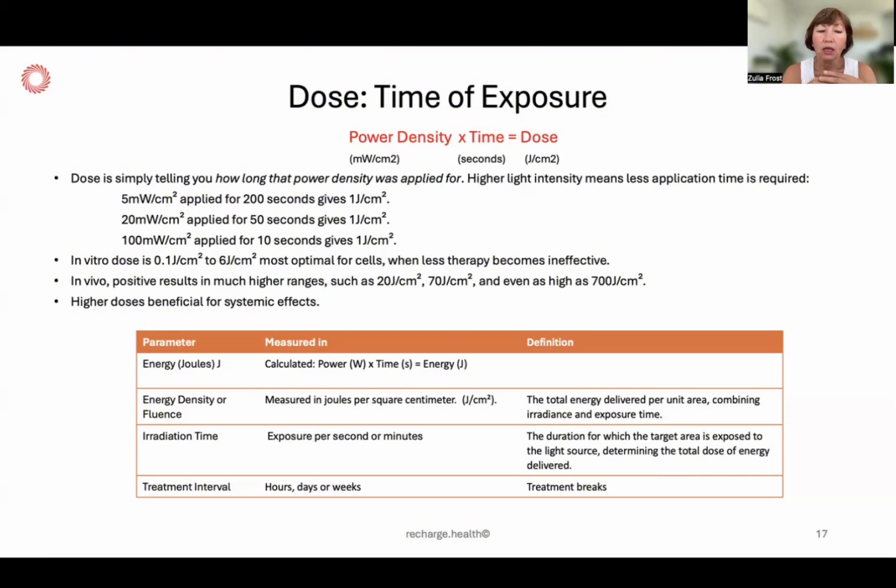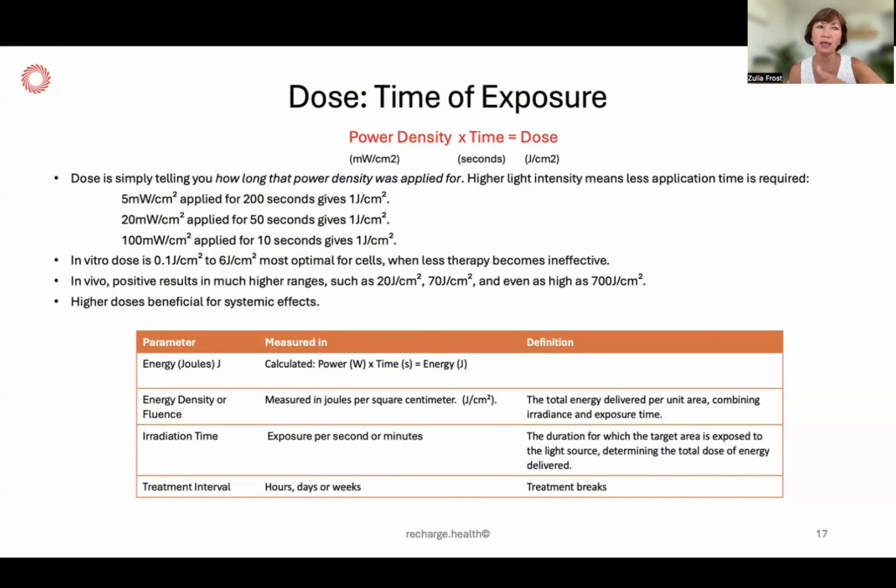And lastly, what is related to dose is the time interval, so how consistently you are stimulating. Maybe you stimulate for 1 second here, 1 second there, which is typical for laser light therapy. Or maybe you use a FlexBeam, 10 minutes, 10 minutes, 10 minutes, and then you need to introduce a break.